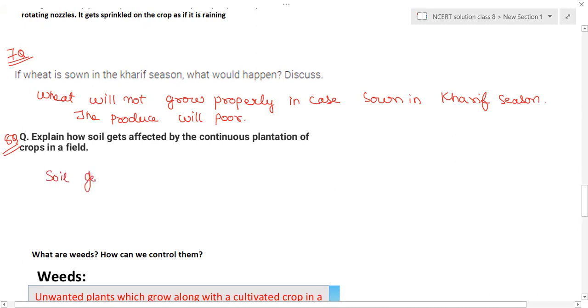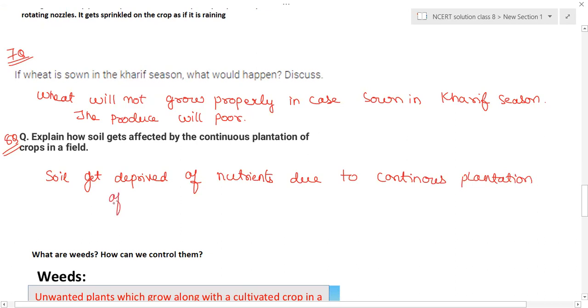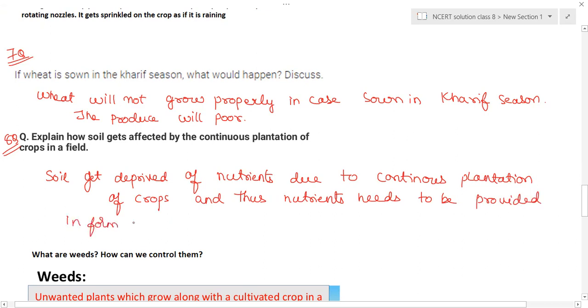Soil gets deprived of nutrients due to continuous plantation of crops, and thus nutrients need to be provided in the form of fertilizers and manures.